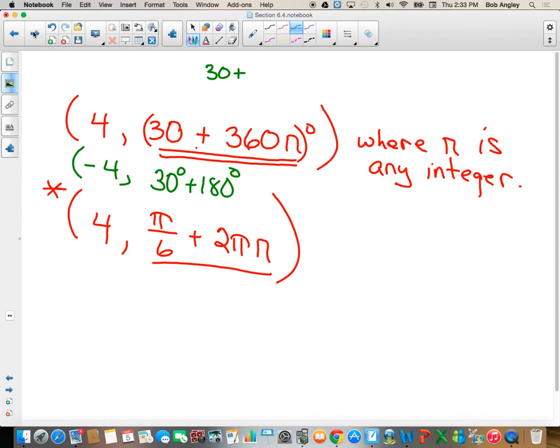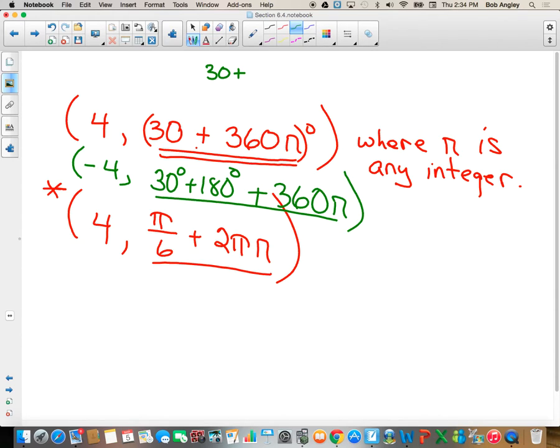Now, once we get that 180 the first time, what do we need to do to this quantity to keep going around one more time around the circle? Would it just be 180 plus 360n? Plus 360 in here. Now, this looks a little bit weird. So I want us to take this statement right here, and I'm out of room to write there, so I'm going to write it down here, and we're going to make it look better, and then we'll refer to it later.